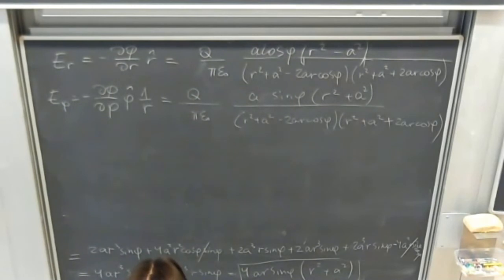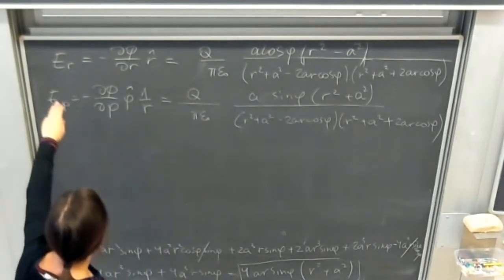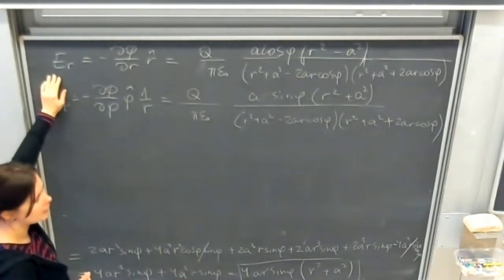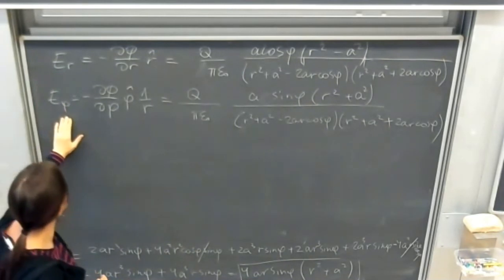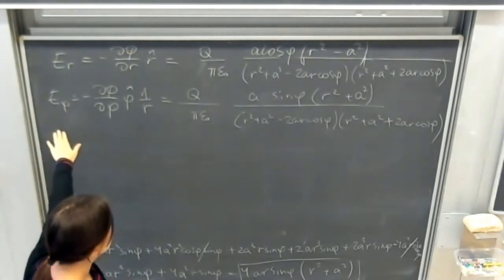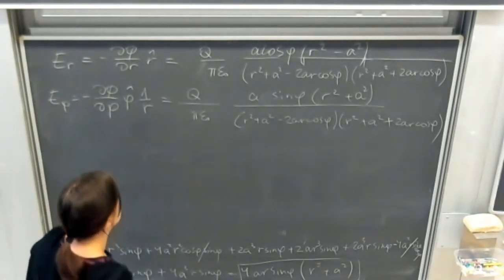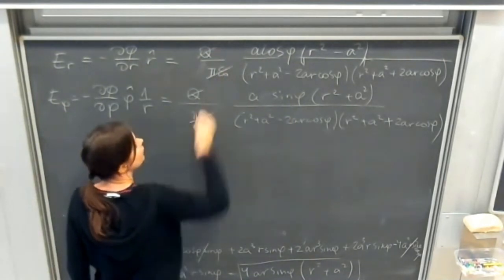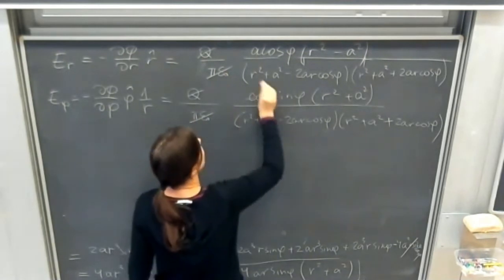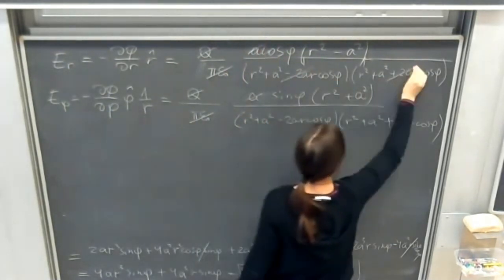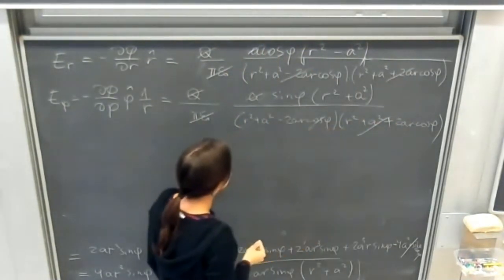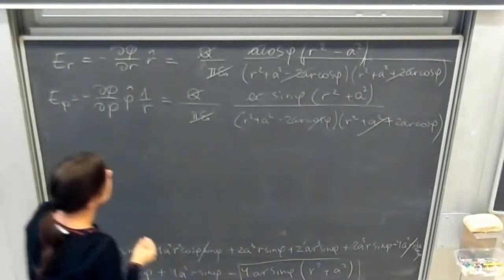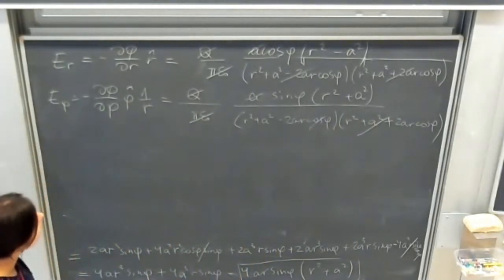Seems to be good. And now we divide the radial electric field by the angular electric field. So we divide one by another. A is gone. These large terms are gone. And what we have is cosine, sine, and that expression.